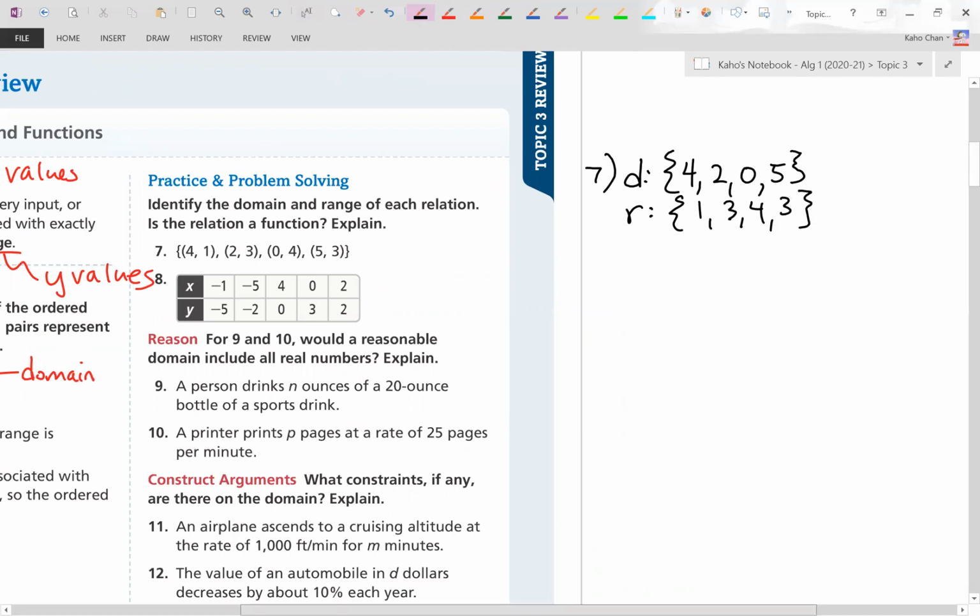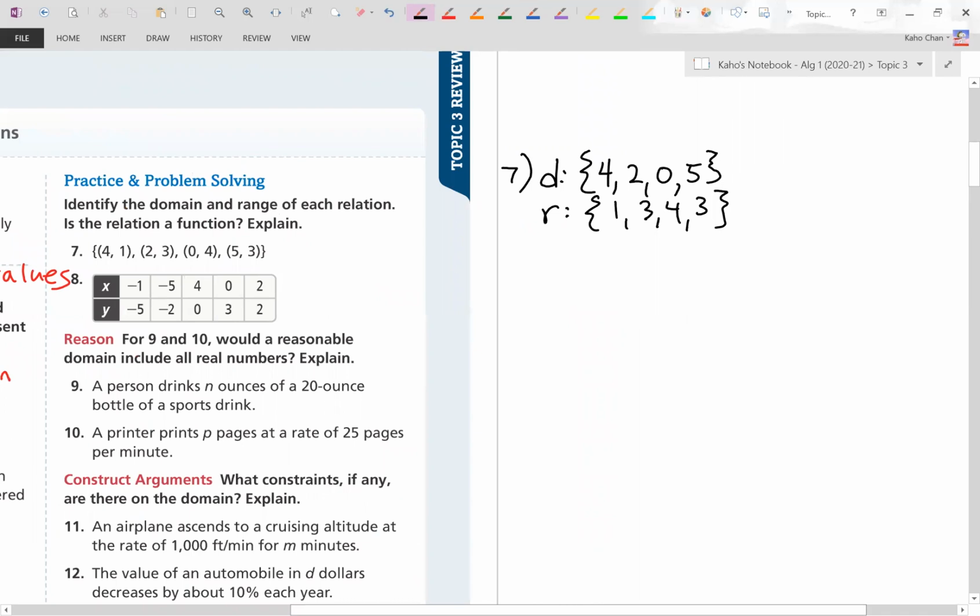Does every x value have a unique y value? 4 is mapped to 1, 2 goes to 3, 0 goes to 4, and 5 goes to 3. That's okay. 2 goes to 3, 5 goes to 3, that's okay. It's for every x value, it goes to one y value. That's the important part. We don't mention anything about y going to x. So number 7, the answer is yes. It's a function.